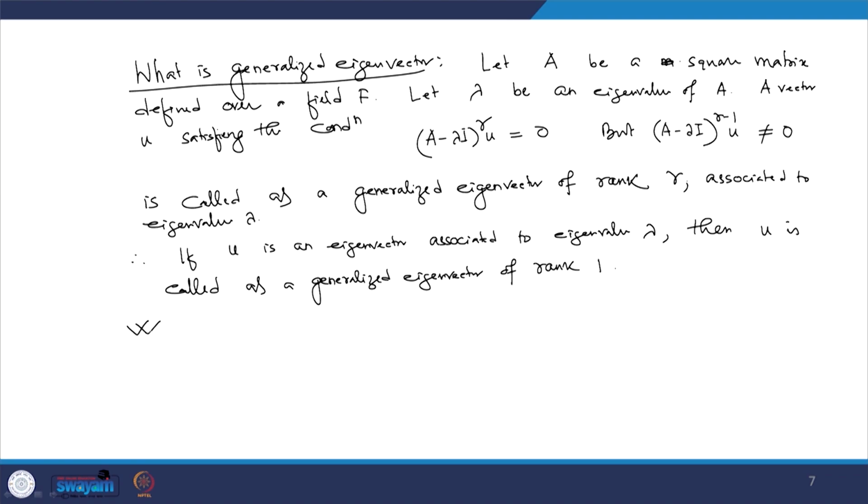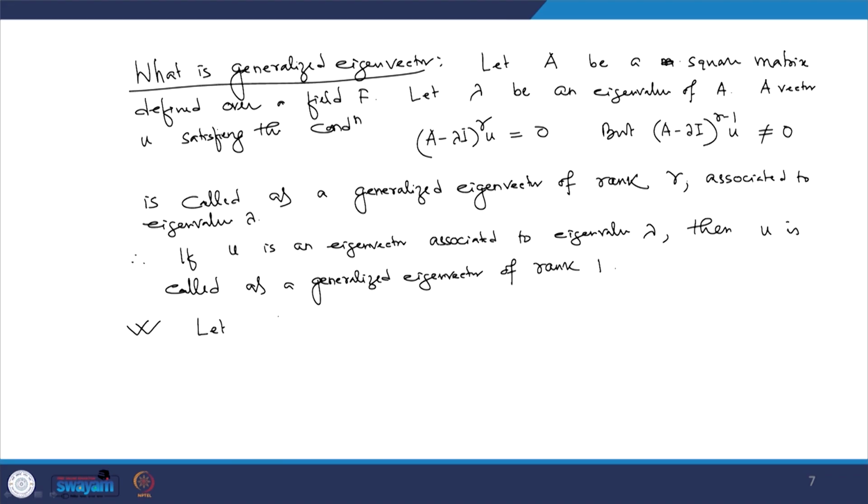Now, let us see, if I consider a generalized eigenvector of rank R, I will show that it introduces R vectors which are linearly independent.